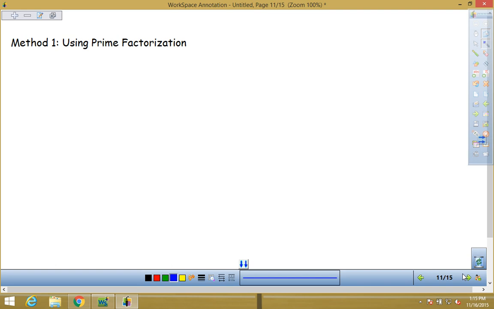Okay, so remember with prime factorization, that's a factor tree, okay? I'm going to look at 16 and 24. You should be writing these down. 16 and 24.